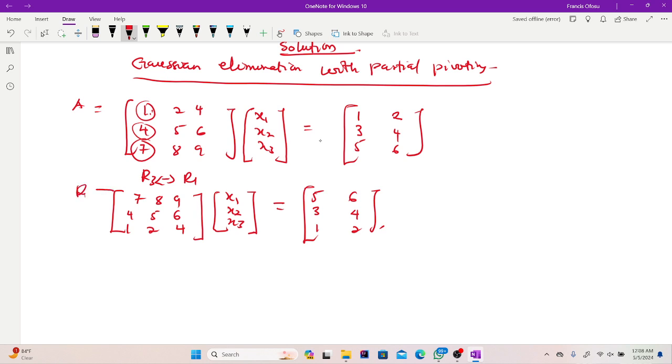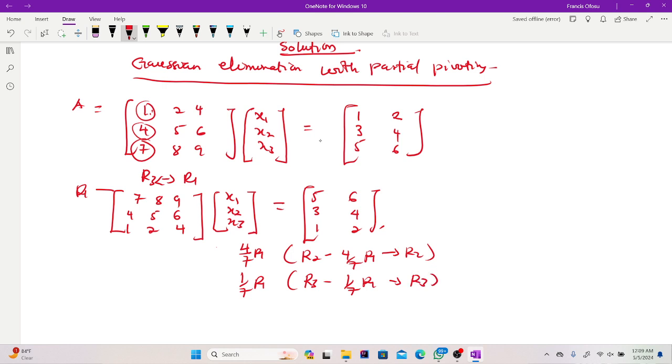To eliminate the 4, the multiplier is 4 over 7 times row 1, so the row operation is row 2 minus 4 over 7 row 1, going into row 2. To eliminate the 1, the same thing happens: the multiplier is 1 over 7, and the operation is row 3 minus 1 over 7 row 1, going into row 3.